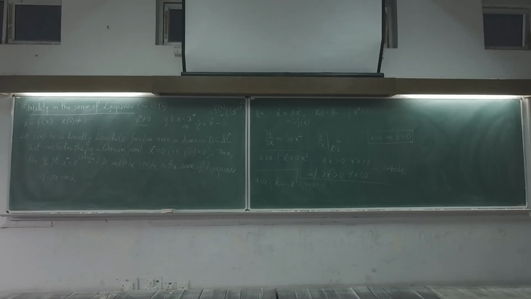Can anyone tell me, when we explained the delta and epsilon concept, the delta was the radius of the ball for the initial condition and epsilon was for the ball covering the entire x(t). So which one depends on which? Delta depends on epsilon, right?